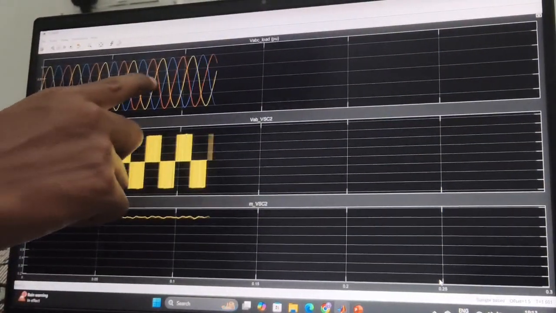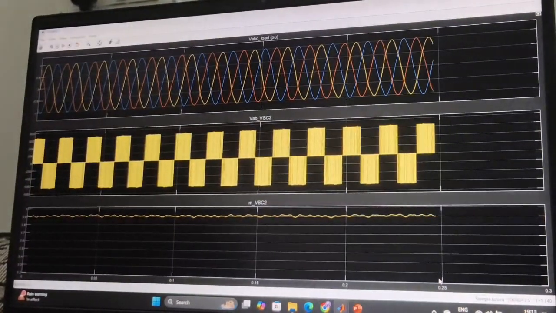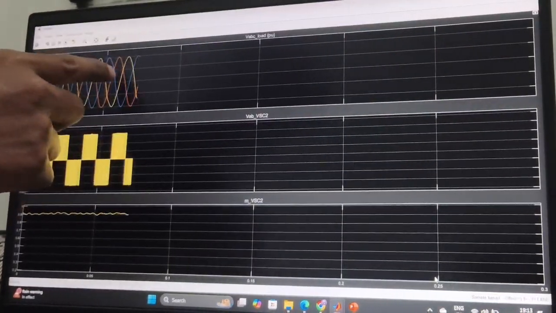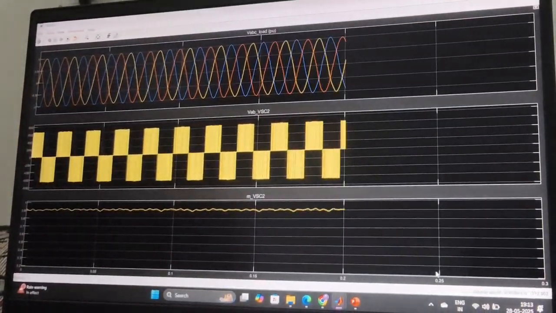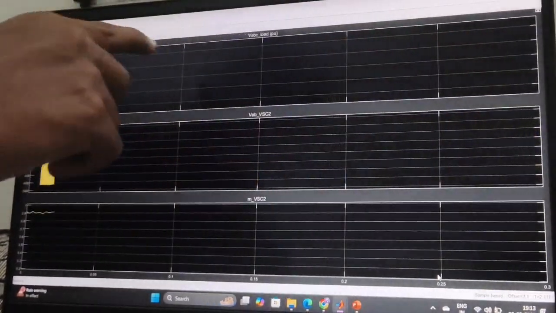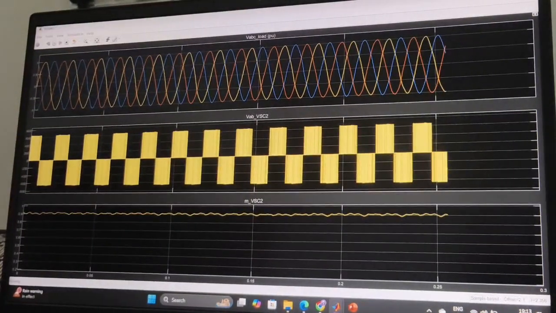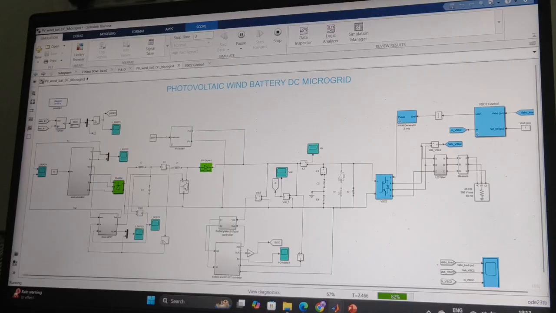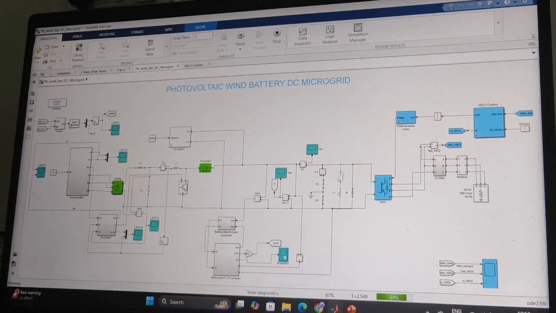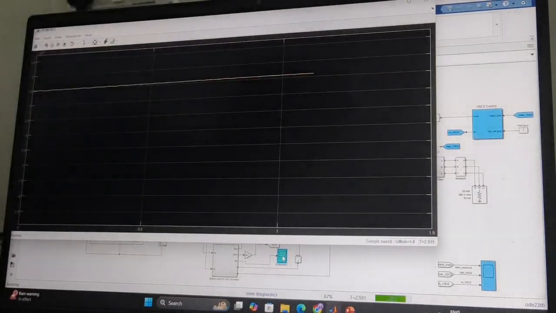This is given to the load. This is the AC current coming, the DC converted to AC current. And here is the power at the battery.